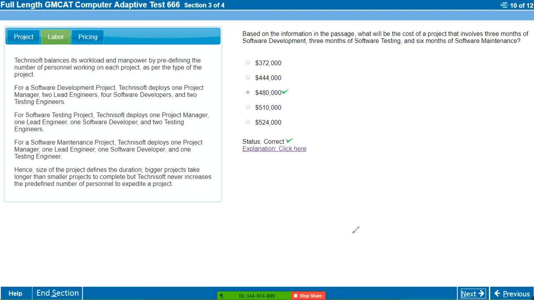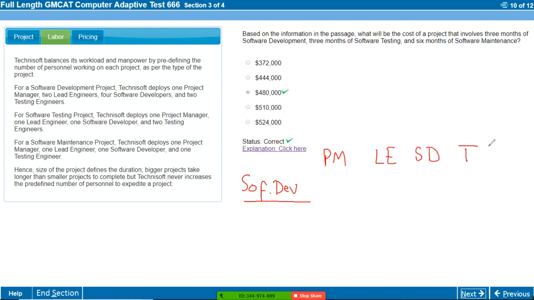And how we will do that is that first of all, we'll start with the software development. So with the development project, I'm going to calculate the per month rate. So the project manager is there, the lead engineer is there, the software developer is there, and the testing engineer is there.